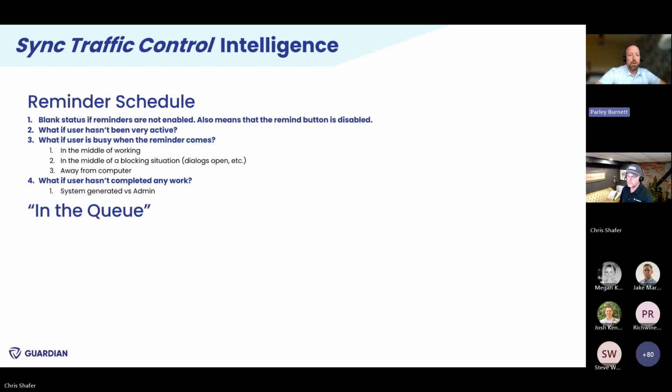And if they're away from the computer, then yes, it would step into the next sequence of their reminders with a caveat, and this is coming into number 4, in fact, only if there has been work completed already, something to be synchronized. If not, it's just going to keep that user rescheduling a reminder within that first interval.